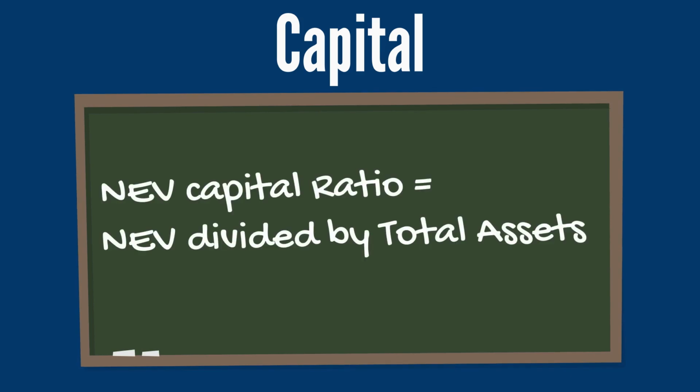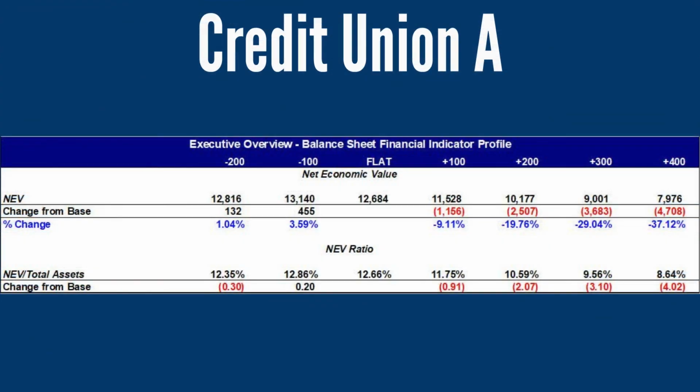Your net economic value calculation also reflects the market value of your credit union's capital. The net economic value capital ratio is simply the net economic value divided by total assets. So, the net economic value capital ratio will move in sync with your net economic value movements. For Credit Union A, the large decline in net economic value will result in a similar movement in their net economic value capital ratio.